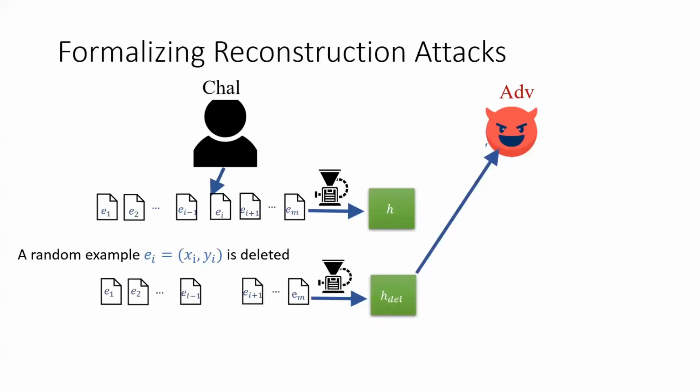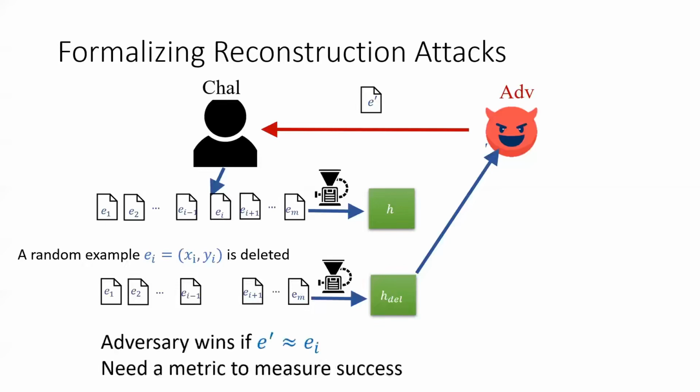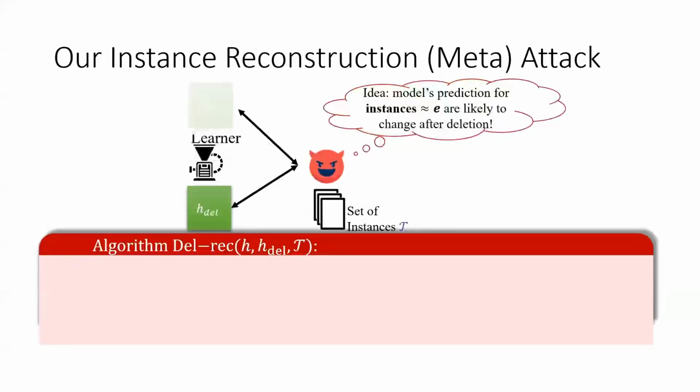The difference here is that in deletion reconstruction, the adversary needs to estimate the example and send it back to the challenger. The reconstruction doesn't need to be perfect, and the adversary's performance is measured by some distance metric between the reconstructed example and the deleted example.